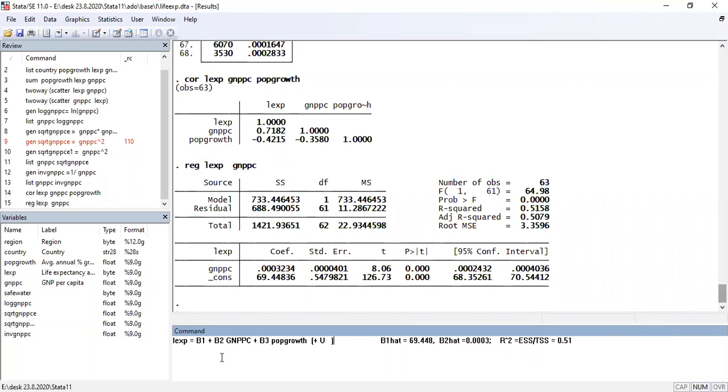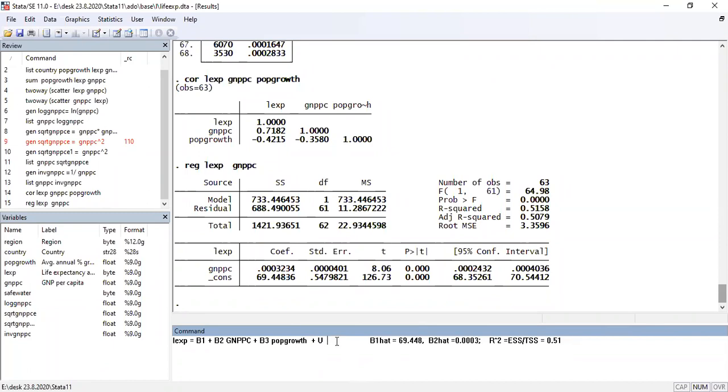Instead of the usual derivative, you have to take the partial derivative of LEXP with respect to GNP per capita and also with respect to population growth. That is the only difference for now when you have more than one X variable.